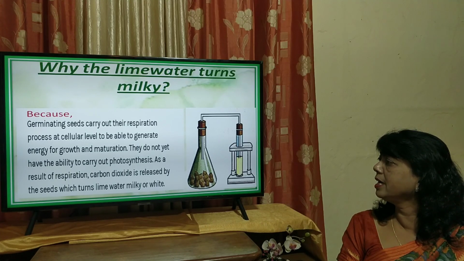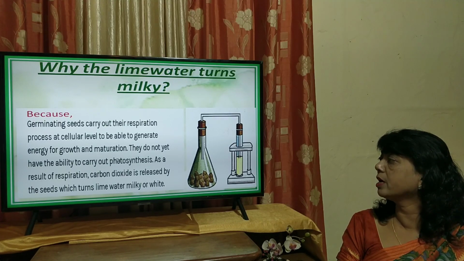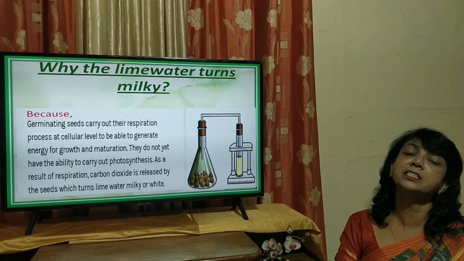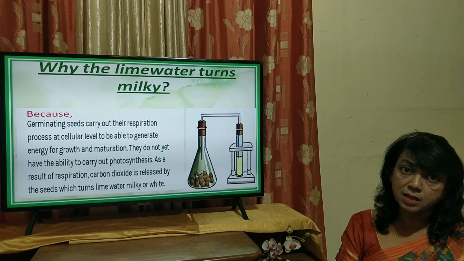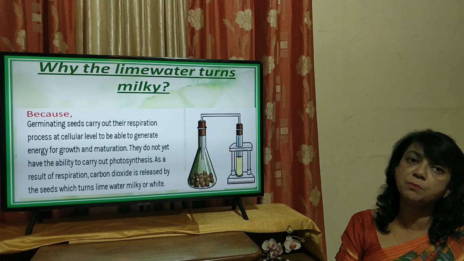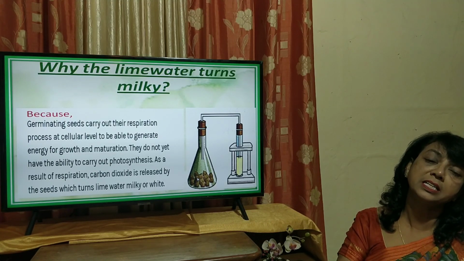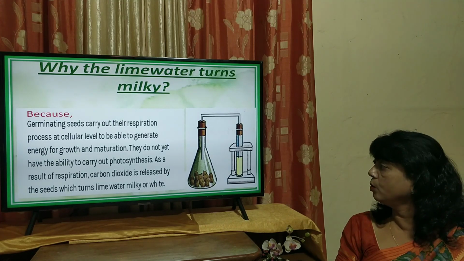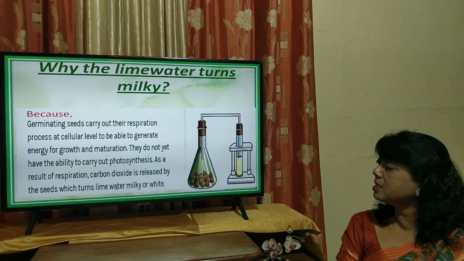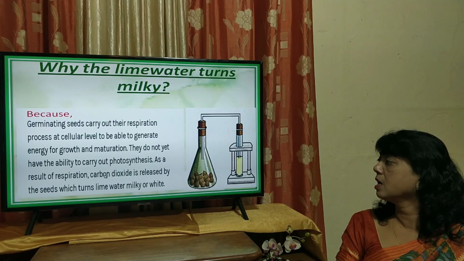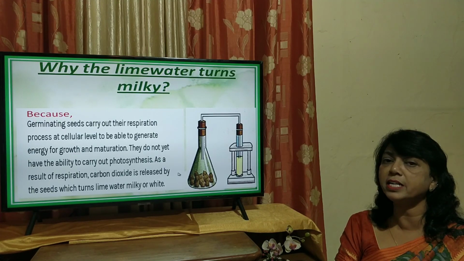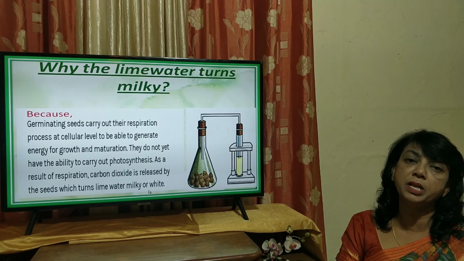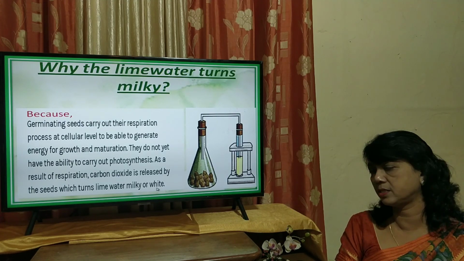They do not yet have the ability to carry out photosynthesis. At this stage, the seeds are not able to photosynthesize; they are able to respire only. So as a result of respiration, carbon dioxide is released by the seeds, which turns lime water milky or white.